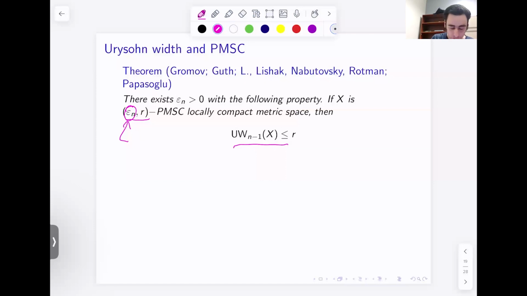And in fact, the way we prove it and Papasoglu proves it, we prove it not just for Hausdorff measure, but we prove an even stronger result for Hausdorff content, which is potentially an even smaller quantity, where you just cover your set by a bunch of balls, and you take the infimum over the sum of their radii to the power of K or N. And this is true for n-dimensional Hausdorff content, where this n doesn't have to have anything to do with the Hausdorff dimension of your space.